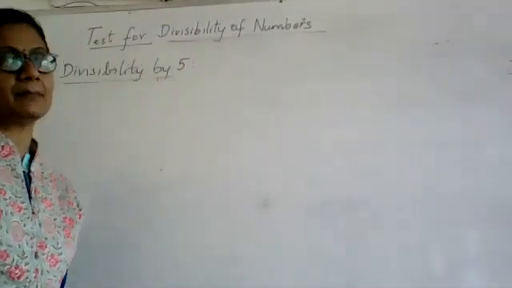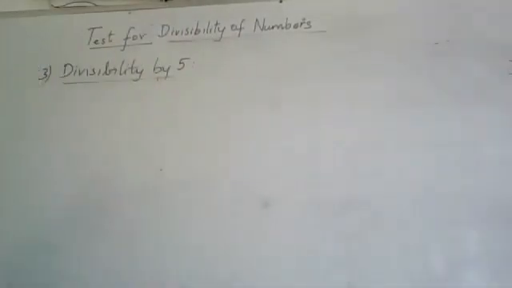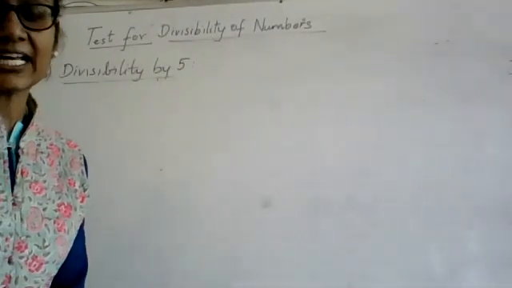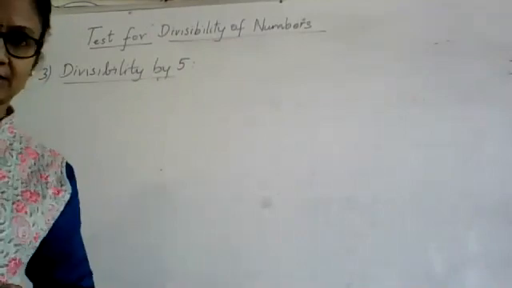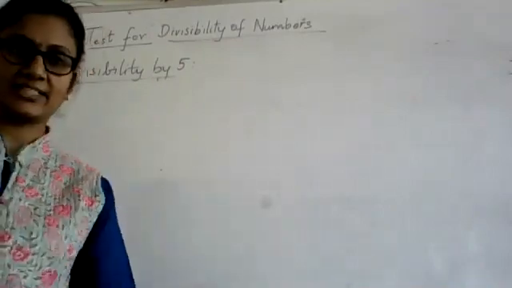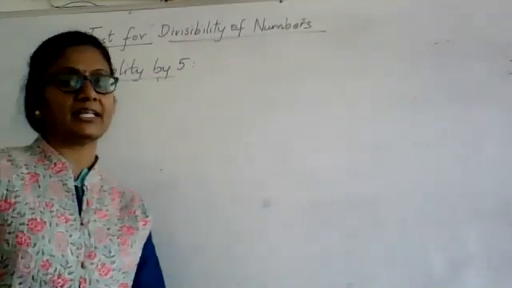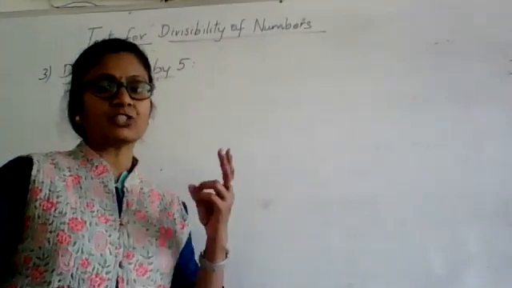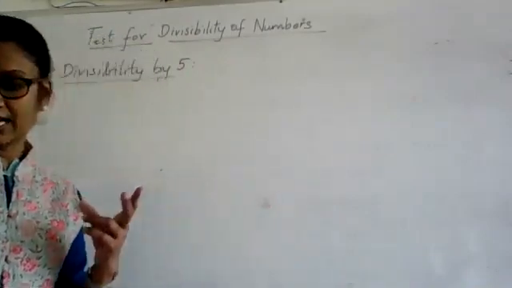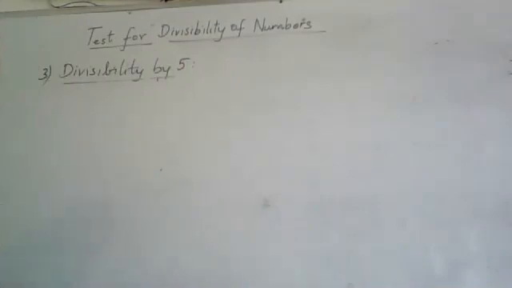The next divisibility that we are going to take up is the divisibility by 5. Unlike the divisibility of 10, where you have 0 in the ones place, then the number is divisible by 10, for 5 you have to check 2 things. That is, a number is divisible by 5 if it has either 0 or 5 in its ones place.